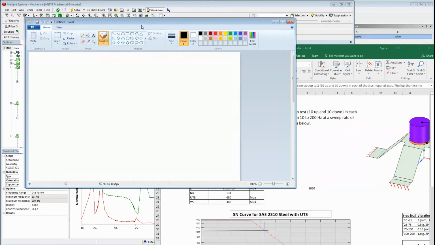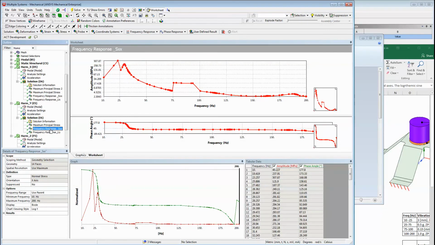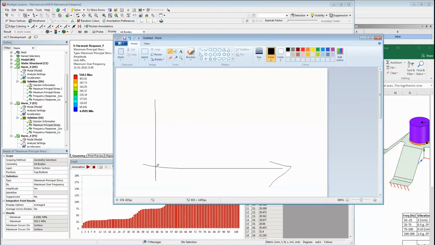Say for example, when we see something like max principal stress 510 MPa, what this means is that with respect to time, this is going to repeat like this. So this is 510 plus 510, and same way minus 510. This is going to repeat those many number of cycles, and this is going to cause fatigue failure.